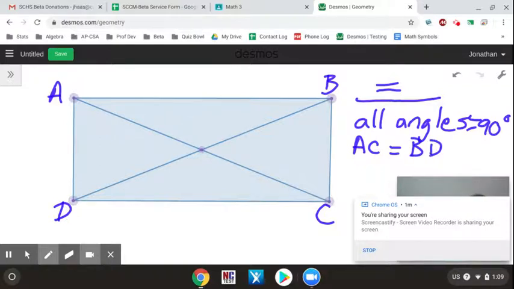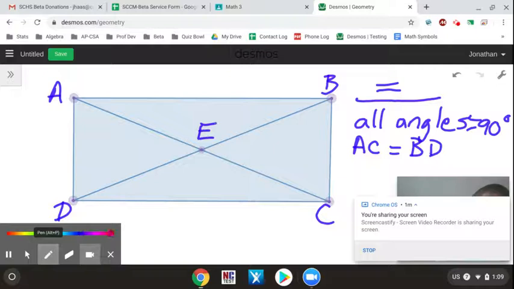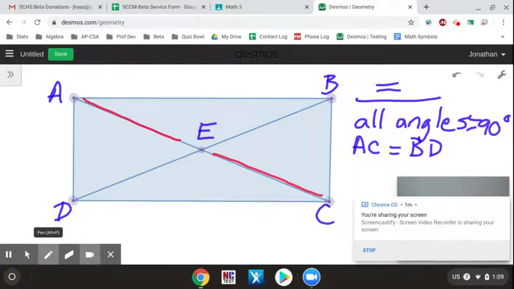And what that means is if I call that point in the middle E, since my entire diagonals are equal and AC is cut in half, let me show you in red here, AE and EC are both equal. And it's also true that EB and ED are equal.